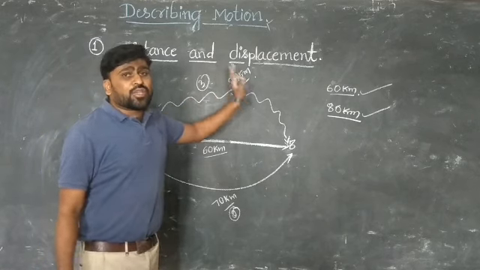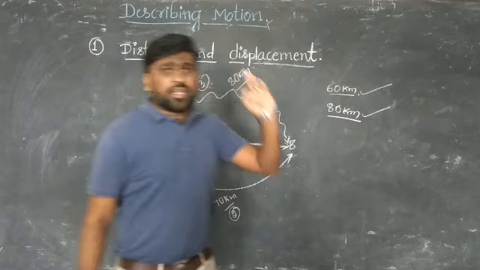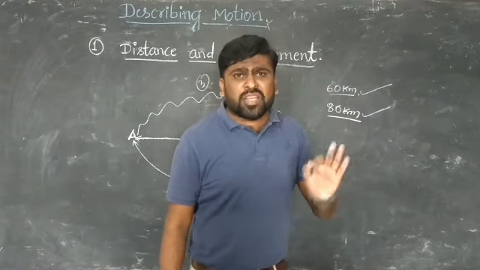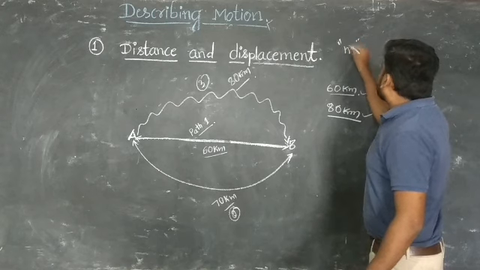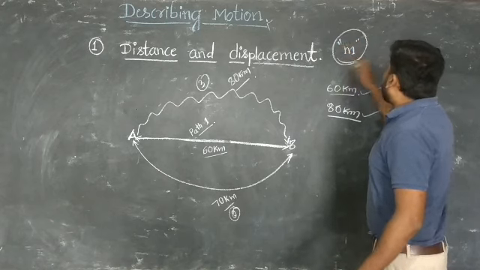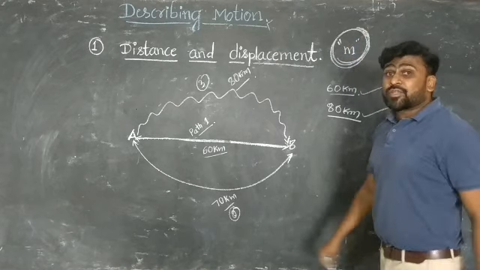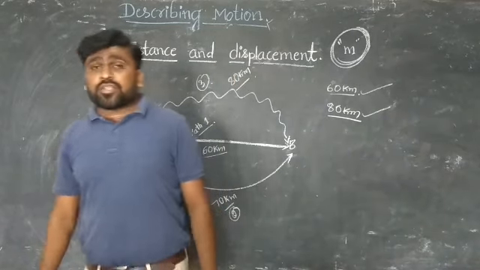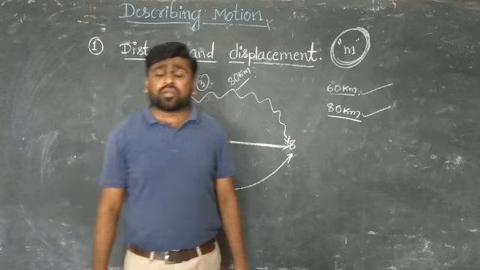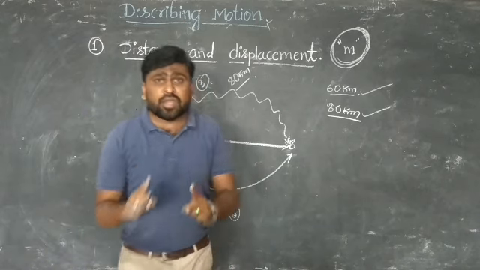The SI unit of distance. The distance we measure in terms of meter. SI unit, system of international. The distance is always measured in terms of meter.